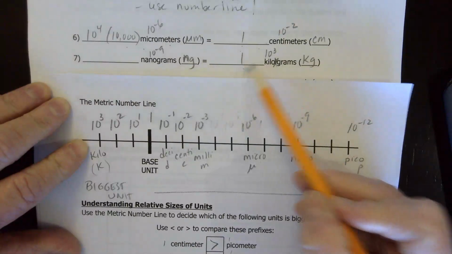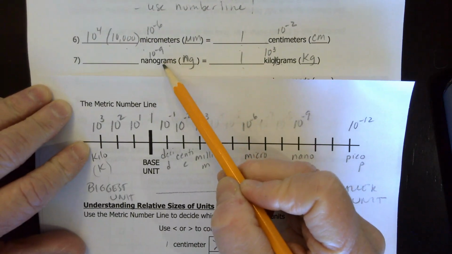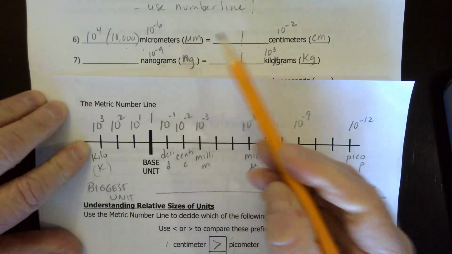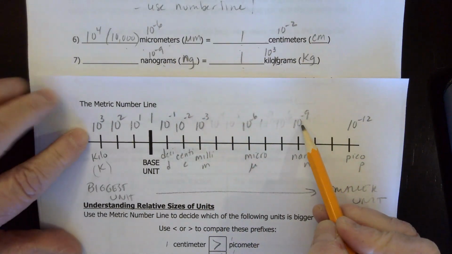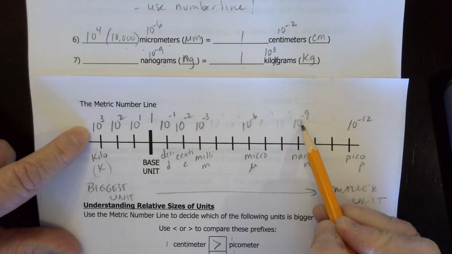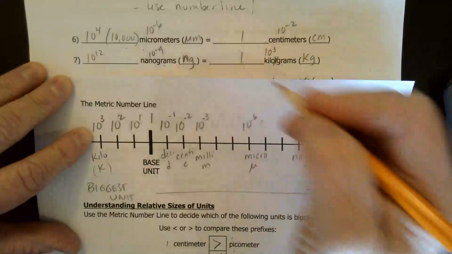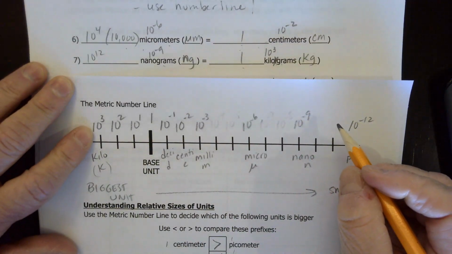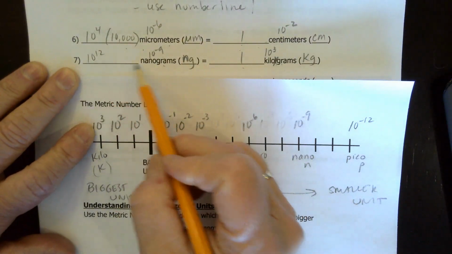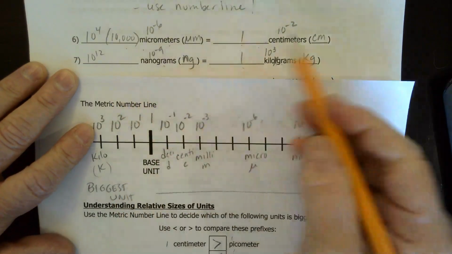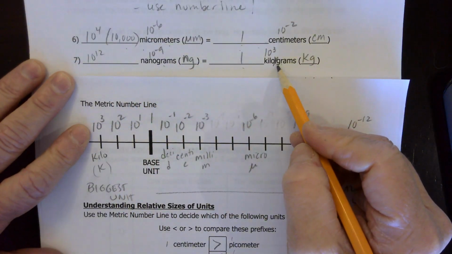So we're going to say in 1 kilogram, how many nanograms are there? Well, on the number line, going from 10 to the minus 9th to 10 to the 3rd, that's a total of 12 decimal places. So we would say 10 to the 12th nanograms, right? And I'm not going to write that out, but 10 to the 12th is a trillion. So a trillion nanograms are in 1 kilogram.